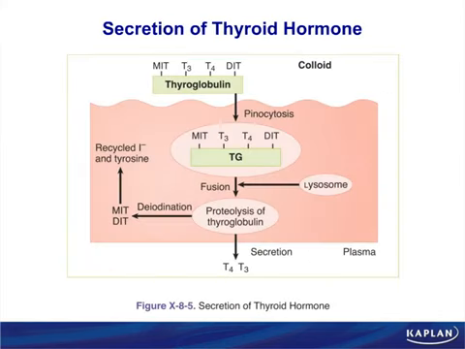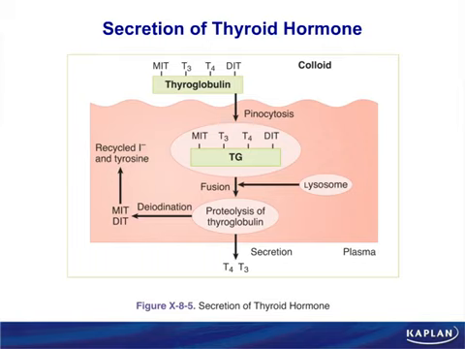Now, iodide is never left free. It's coupled up. And it hangs out there, coupled up with tyrosine on thyroglobulin, until your TSH from the pituitary goes down to the thyroid and knocks on the door and says, hello, Mr. Thyroid, may I have a cup of thyroid hormone, please? And would you lyse me some? And you see here it says a lysosome, right?